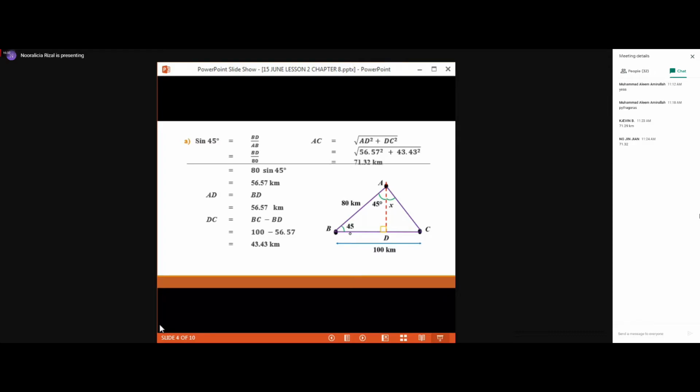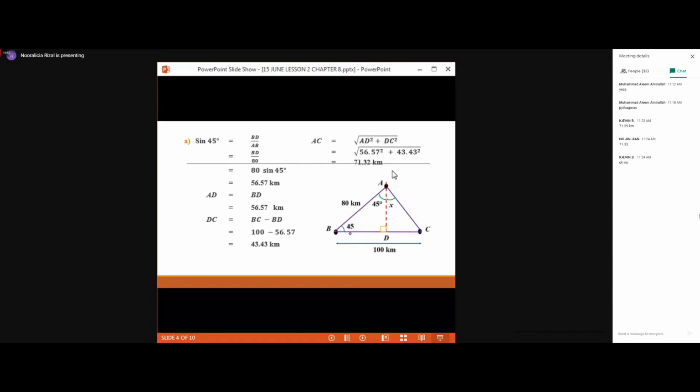So you press it, you should get 71.32 kilometer. Kevin, please check again, because from this data, you should get 71.32. If you are following what I gave you, 56.57 and 43.43, all of you should get 71.32.